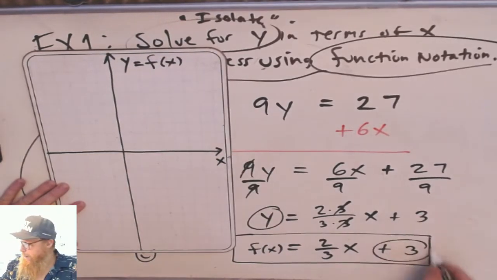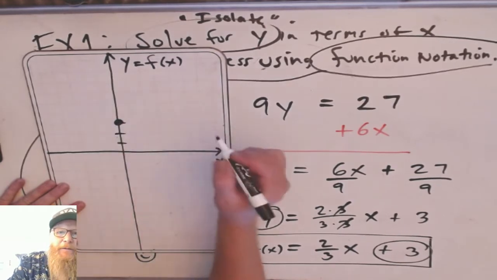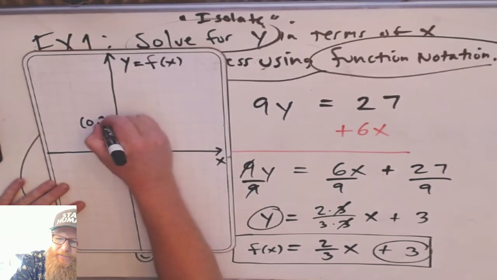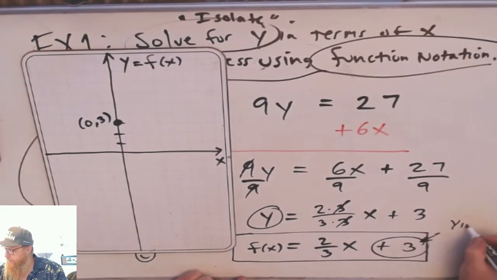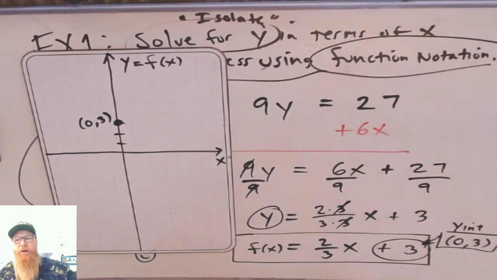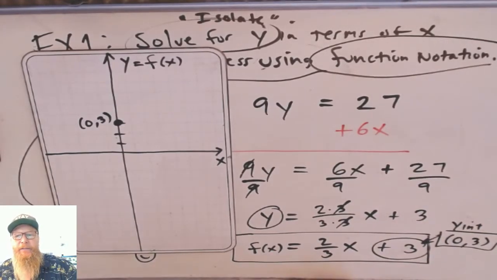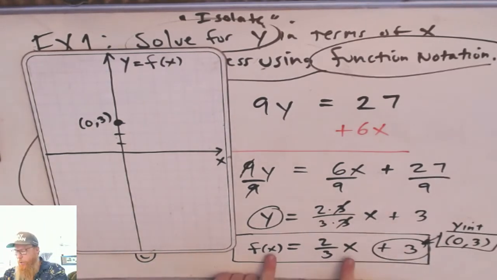All right, your y-intercept is (0, 3). Remember, this is the y-intercept. You can't just say 3, you got to say (0, 3). You can just memorize that.